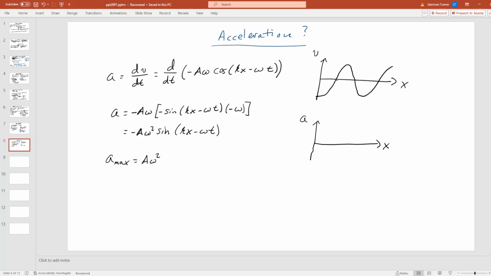Look at your special points: where cosine is 0, sine will be a maximum, and where cosine is a maximum, sine will be 0.